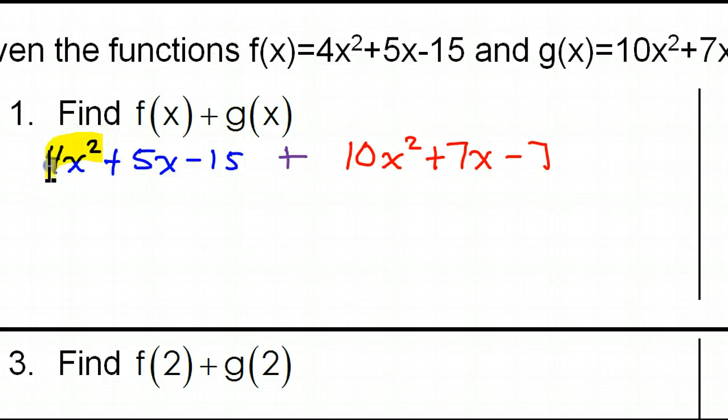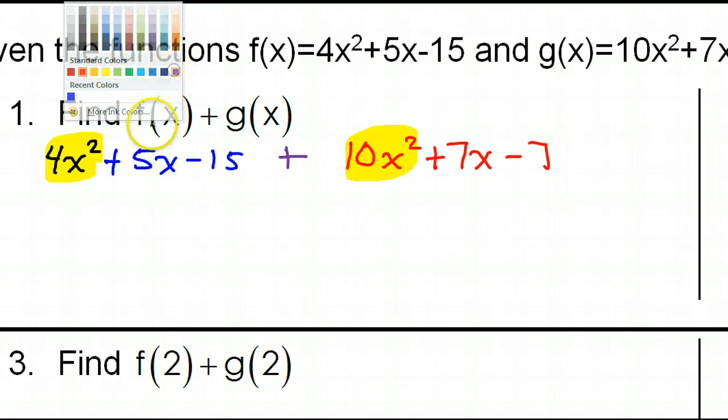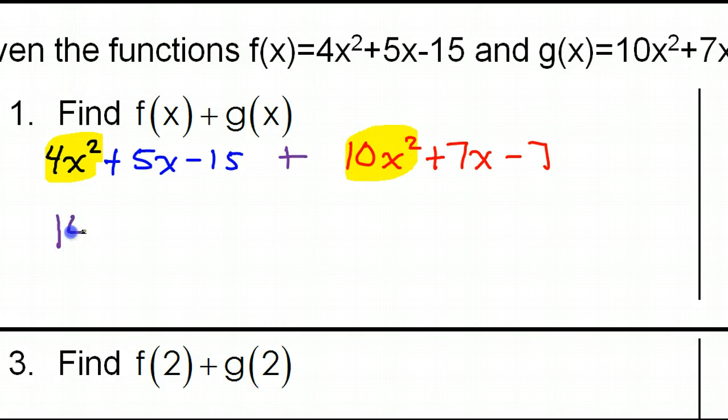Okay, so here I have 4x squared and 10x squared are like terms. So if I put those together, that makes 14x squared. Notice the variable part doesn't change when you combine like terms. Next I've got my positive 5x and my positive 7x.